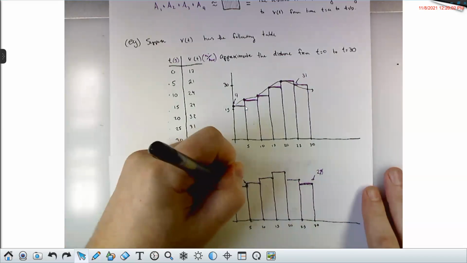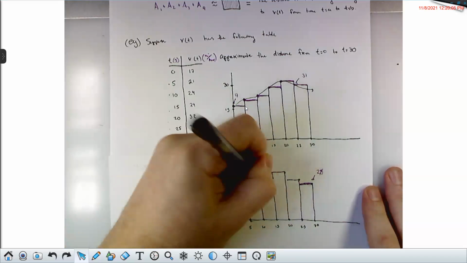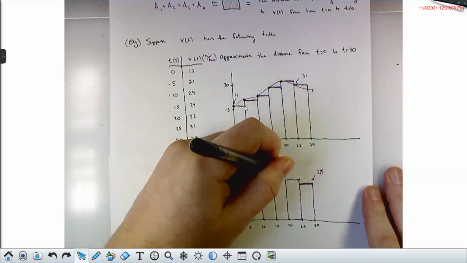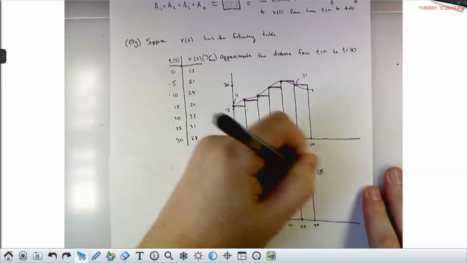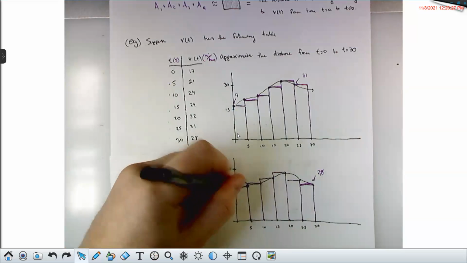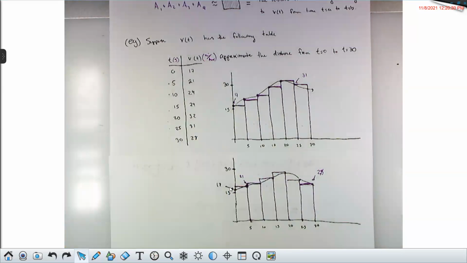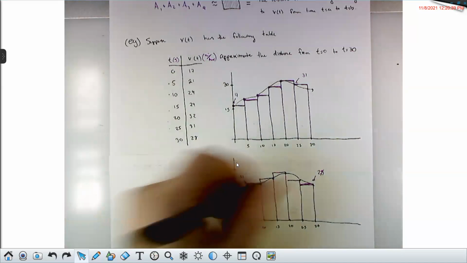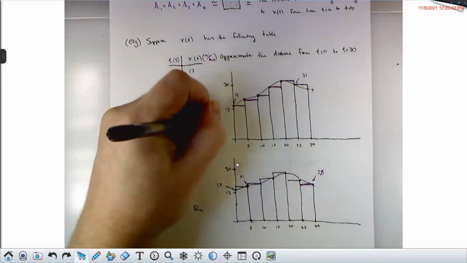I have a question, because for t equal to 5, you have two values from one graph, one is 17, the other is 21 at the same t equal to 5. But for the left endpoint, you choose the smaller one. Well, the point right here still has y value 17. It's just that I'm not using that point to form my rectangle because I need to use the right endpoint, because this is the picture for Rn and this is the picture for Ln.